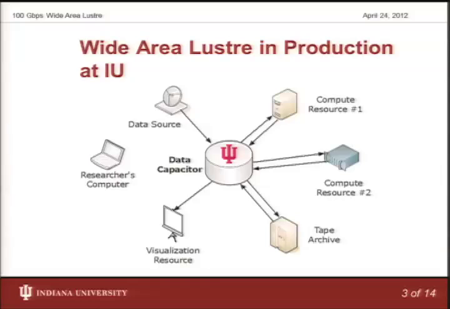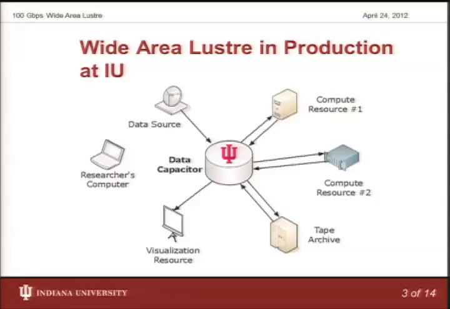So, as Josh said earlier, we've been doing wide area Lustre for quite some time at IU. And from a researcher perspective, I've used the file system as both a user and an administrator. From an end user perspective, this really lets people access their data very easily from a multitude of different resources.